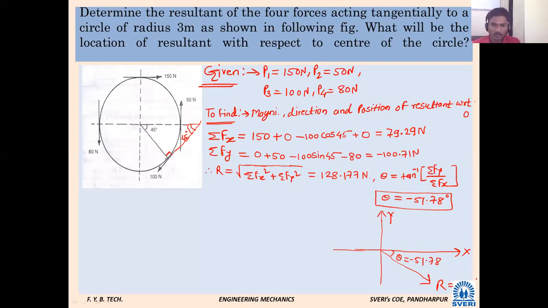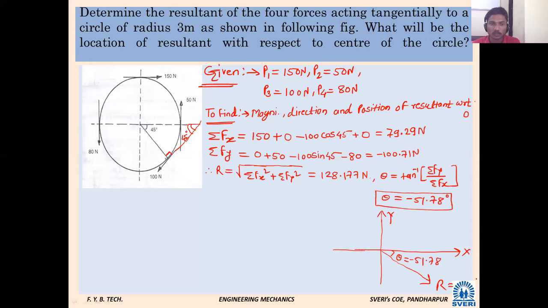Half the problem was so difficult. Whatever problems we have been solving since yesterday, all were asked in the university exam. But that doesn't mean all problems are difficult.